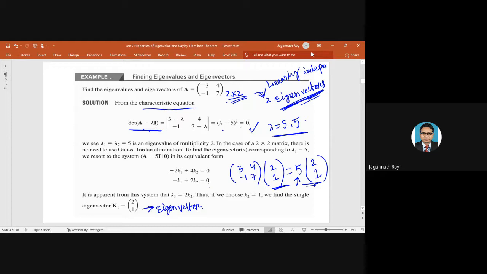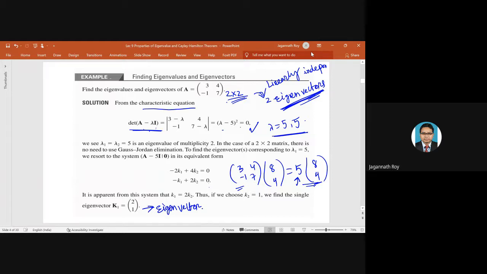Now, if in place of 2 and 1 you write 4 and 2, then you will get 5 times 4 and 2. Not only that, if you multiply again and use 8 and 4, you will get 5 times 8 and 4. Try to verify what I am writing; it will be correct.